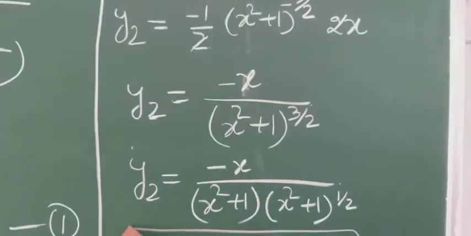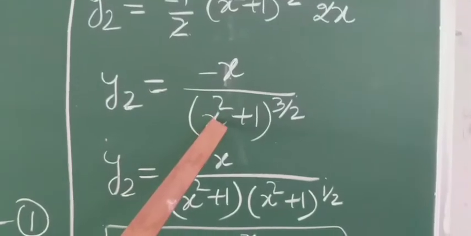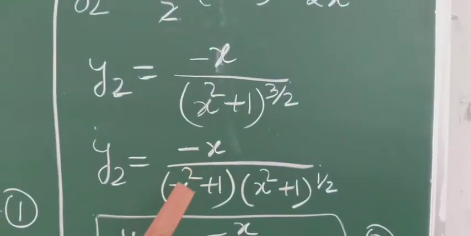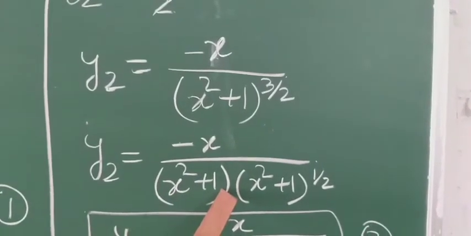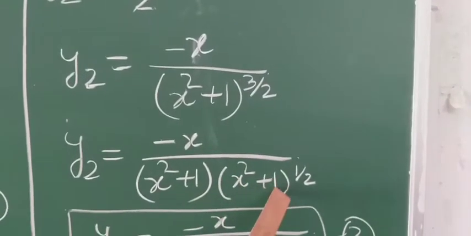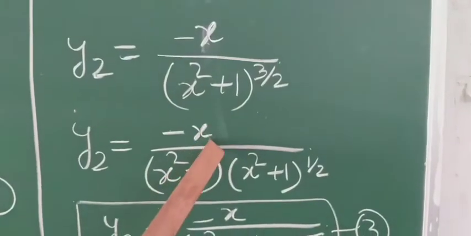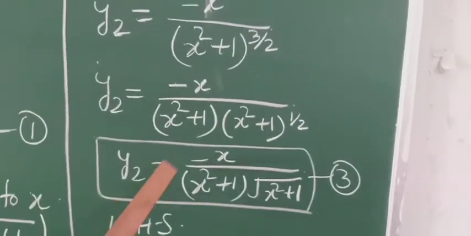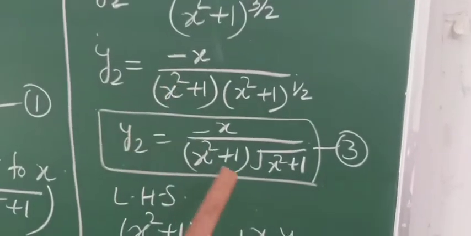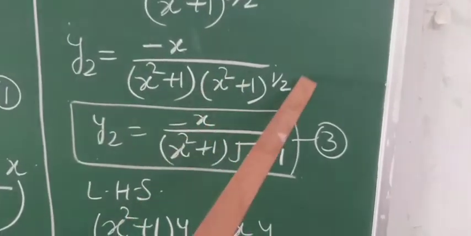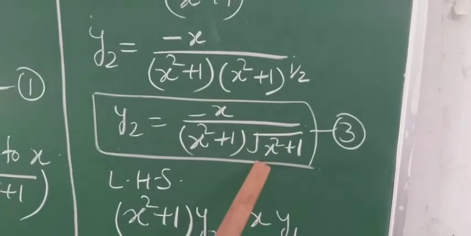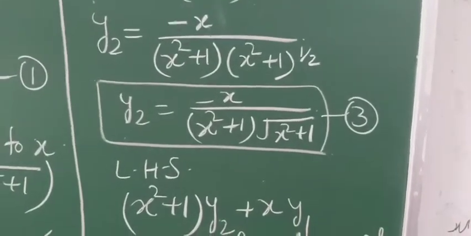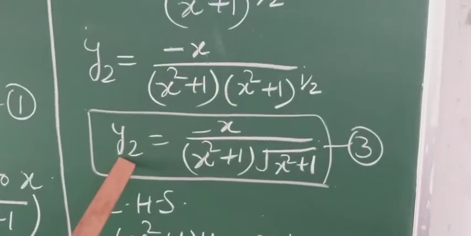So y2 equals minus x upon (x square plus 1) to the power 3 by 2, which can be written as (x square plus 1) into (x square plus 1) to the power 1 by 2, since the power 1 plus half is 3 by 2. So y2 equals minus x upon (x square plus 1) root (x square plus 1). Okay students, this is the second order derivative.